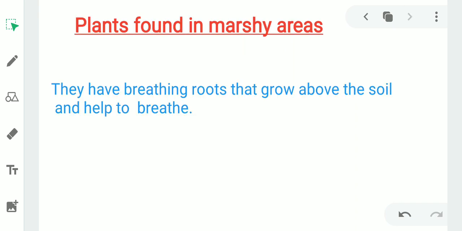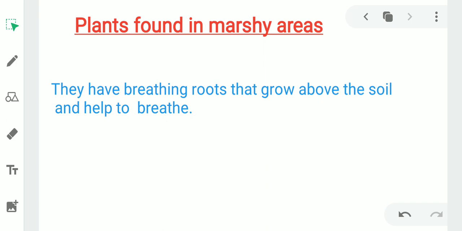Plants found in marshy areas. What are marshy areas? Marshy areas are the areas where soil contains a large amount of water. So soil is damp. It is like that wet soil. All the time water is present in the soil. So roots of plants are not able to breathe.